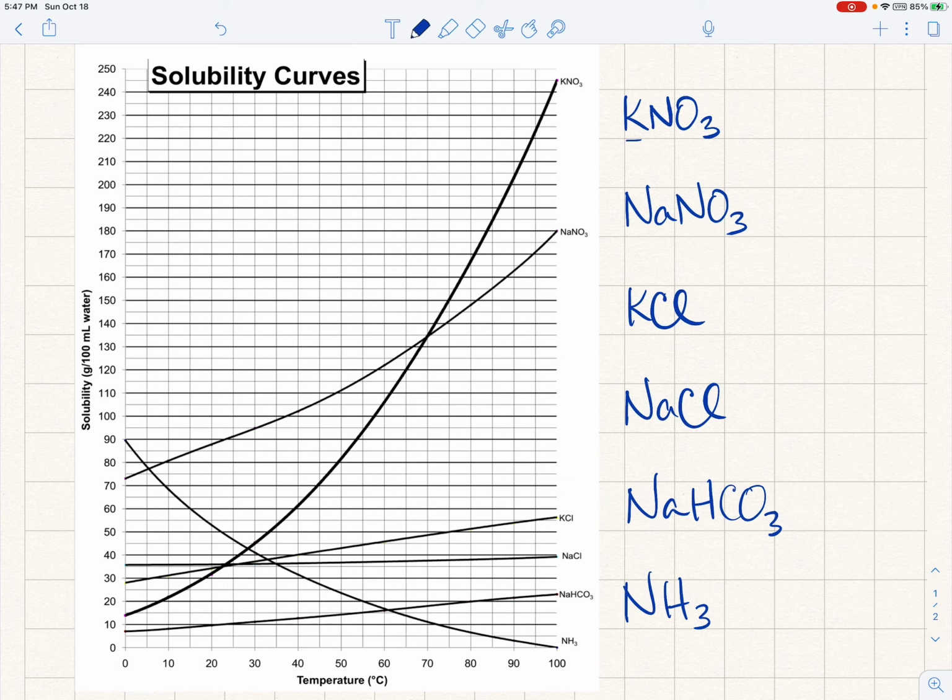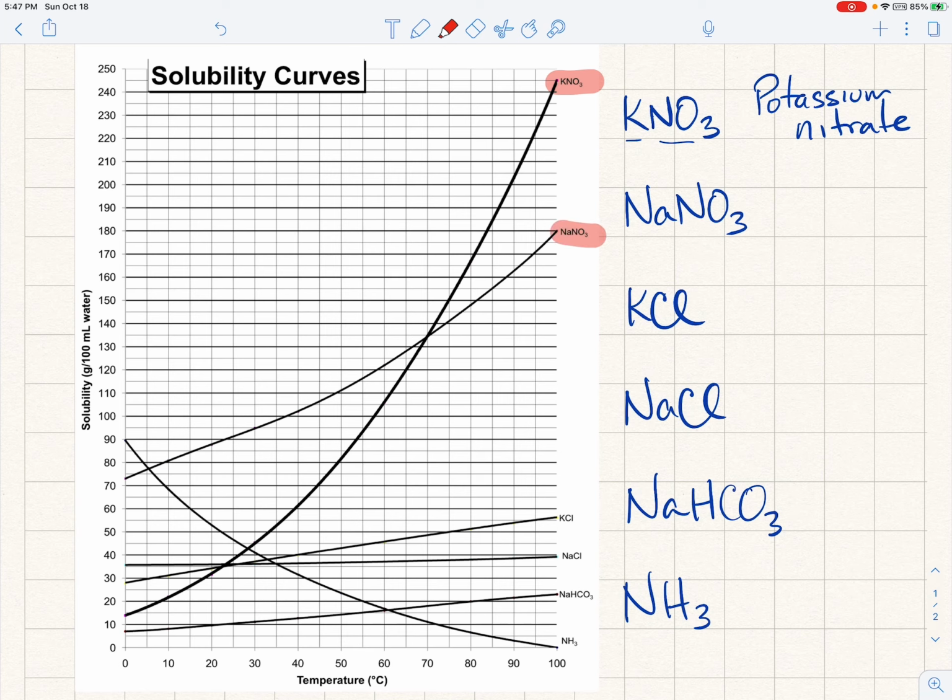When you see a compound starting with the letter K, that's the symbol for potassium. And NO3 is an ion in chemistry called nitrate. So this one's name is potassium nitrate, the top of your chart on the right-hand side.